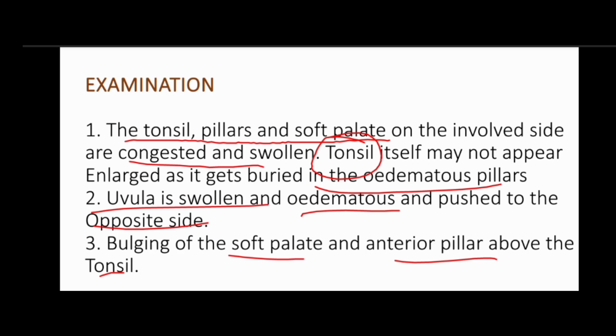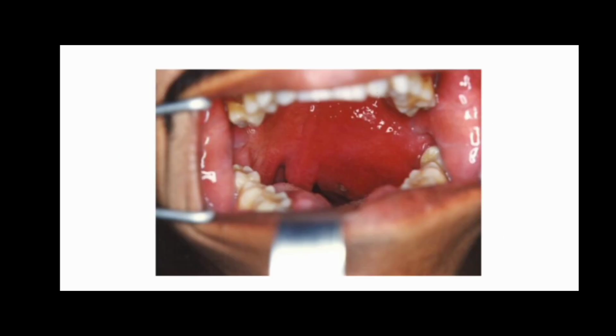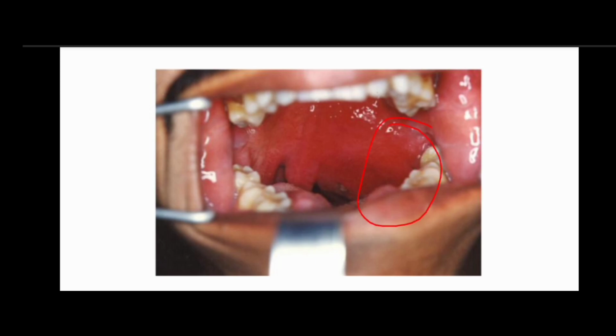The tonsil is buried between the two pillars, and the uvula is deviated to the opposite side. Here you can clearly see the quinsy is present on the left side, and the uvula is deviated to the right side.